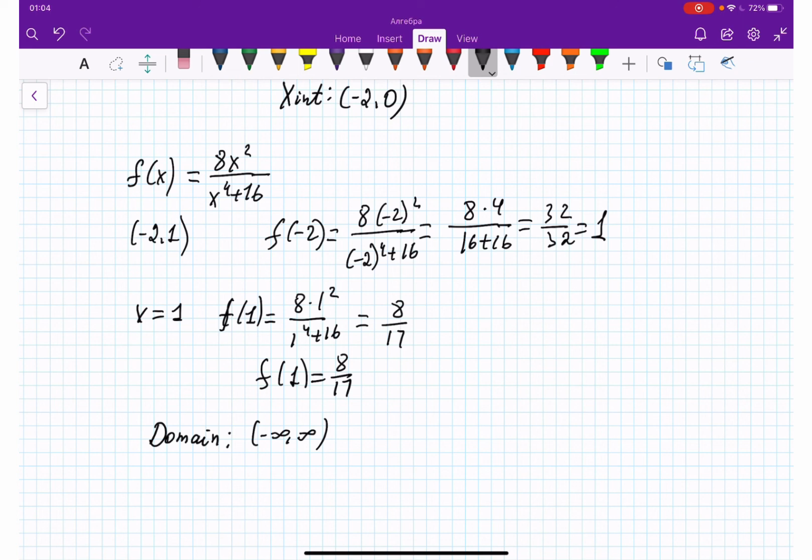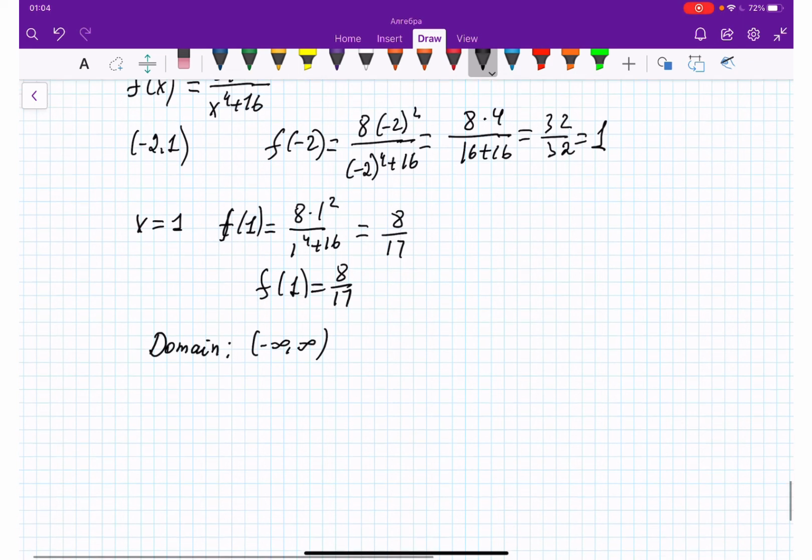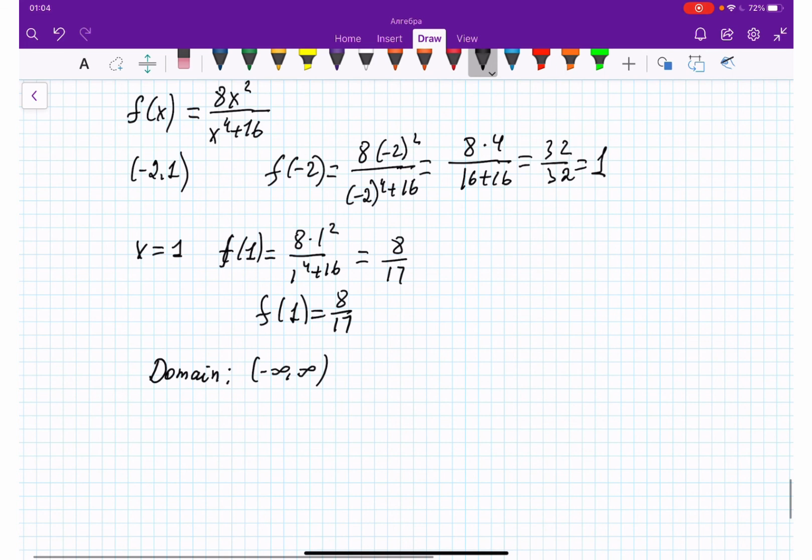Now let's find the x and y intercepts. So for the x-intercept, we take y equal to 0. 8x squared divided by x to the 4 plus 16 equals 0. So what does that mean? 8x squared is equal to 0, right?